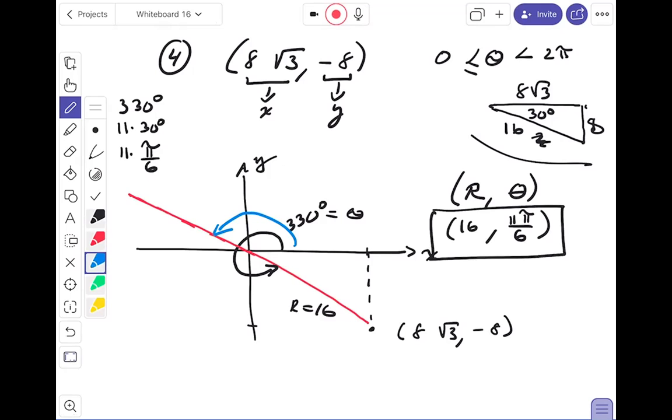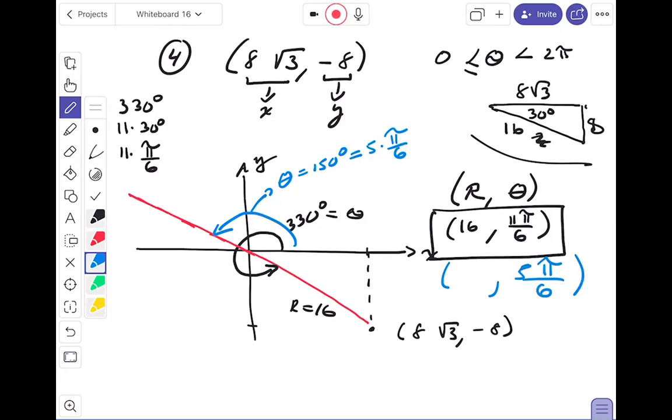This angle theta, I'm talking about the blue line, not the black line, or the curve there, rotating around. What's that going to be? 150, right? And what's that in radian measure? That would be 5 times 30 degrees, and 30 degrees is pi over 6, so I'm going to say 5 pi over 6. Still on that line, by the way.